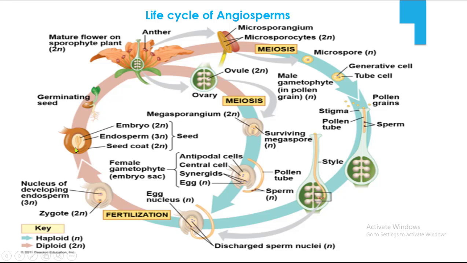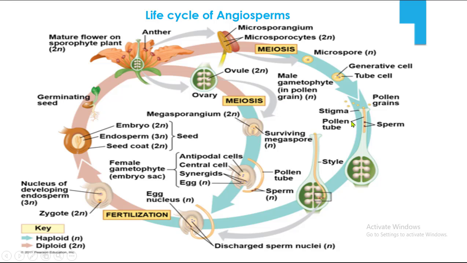It is surrounded by triploid endosperm, and this endosperm has the stored food. With the passage of time the seed coat develops and the seed is protected. When this seed is exposed to a suitable environment, it is going to germinate into a new plant.